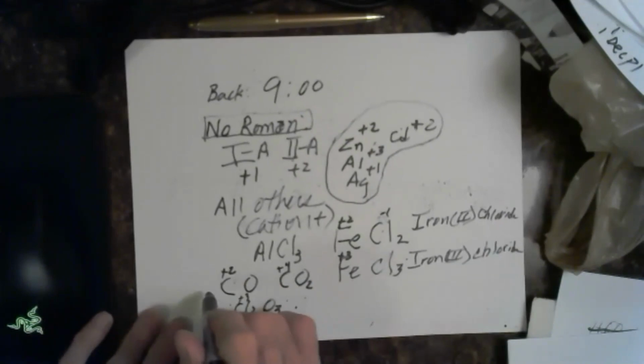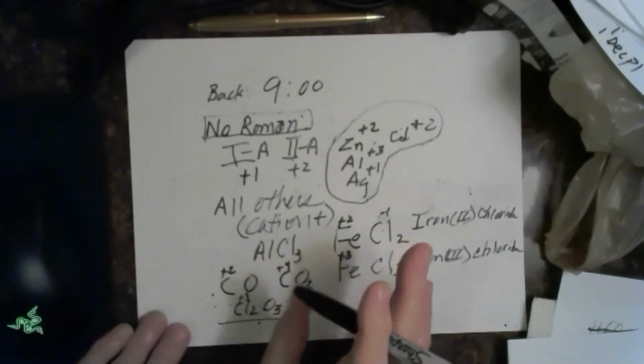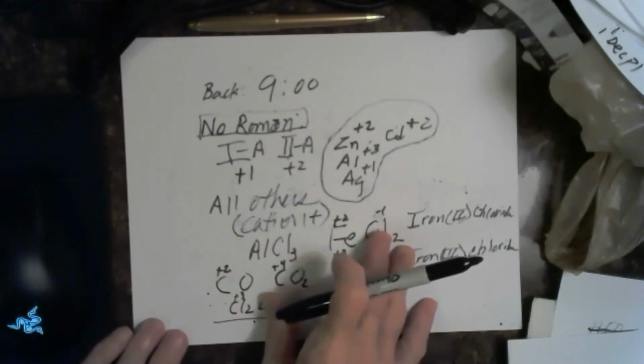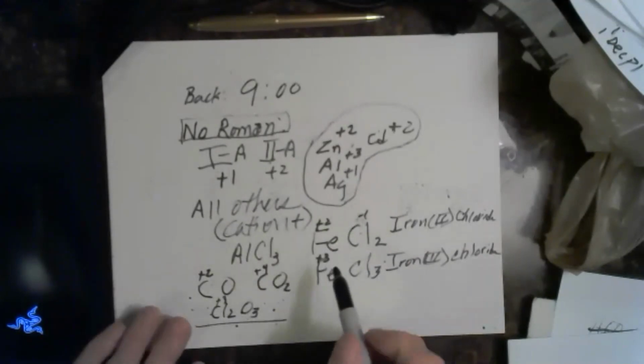Although I would not count it wrong if you use the Roman numeral. That's the more modern one, and it's coming to be more acceptable. But most everybody is still using these. But I can tell you now, if you Google this formula on the internet, it's probably going to call it iron trichloride, and I'll count it wrong.